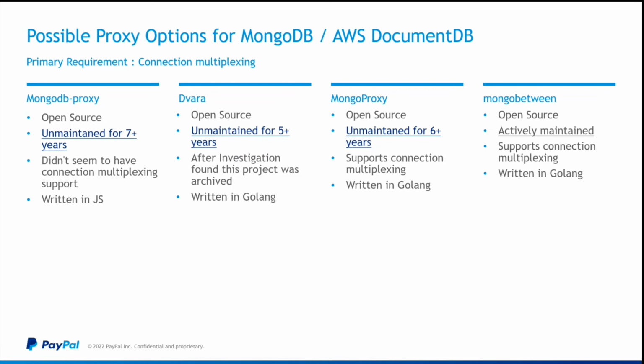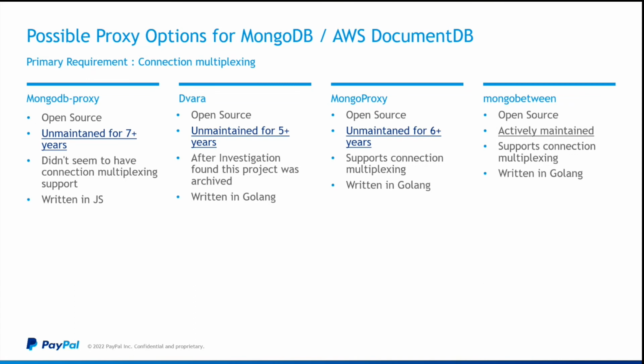Some of the options that we explored for MongoDB and DocumentDB: the first one is MongoDB Proxy. It's an open source library written in JavaScript. It opens one connection per replica set, and it doesn't offer connection multiplexing as a feature.